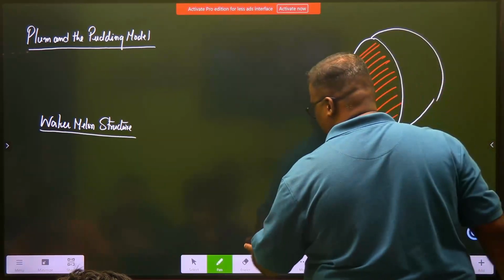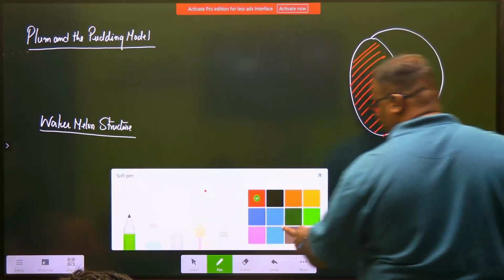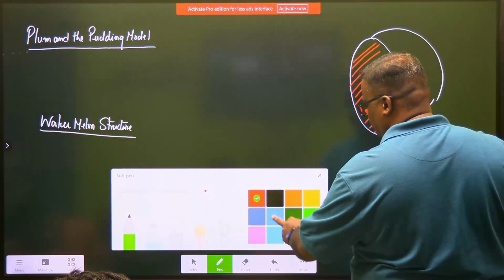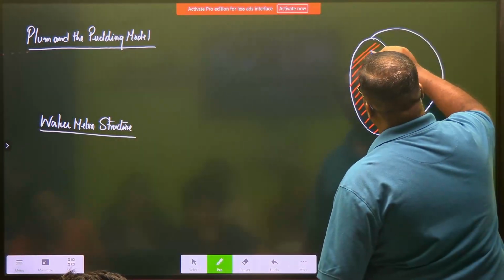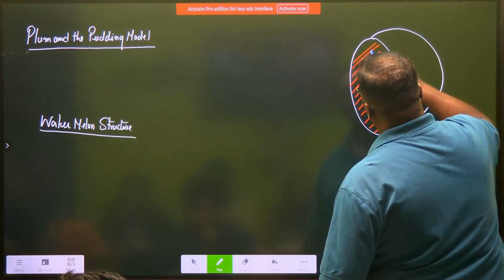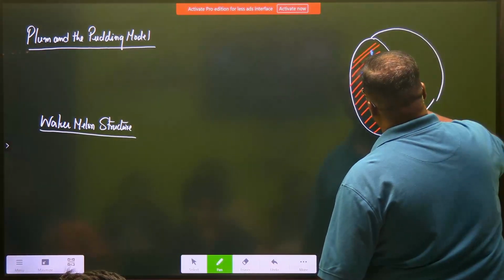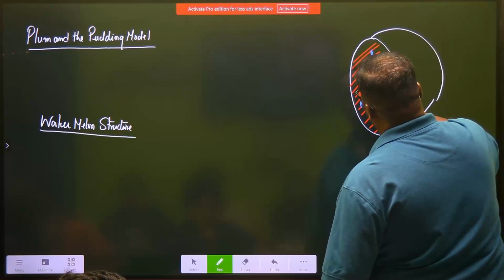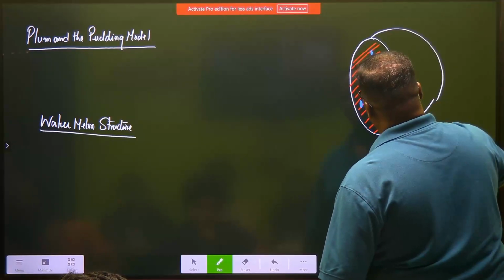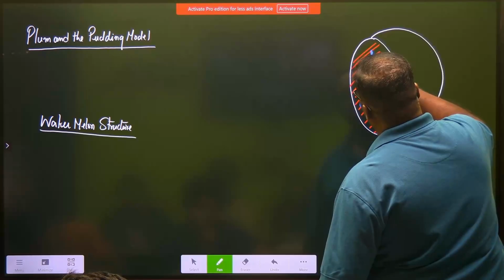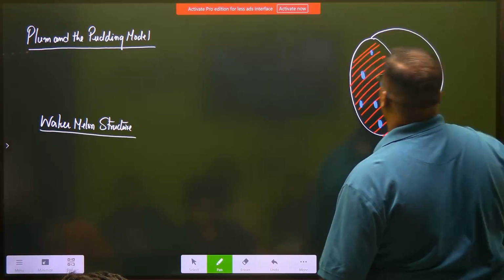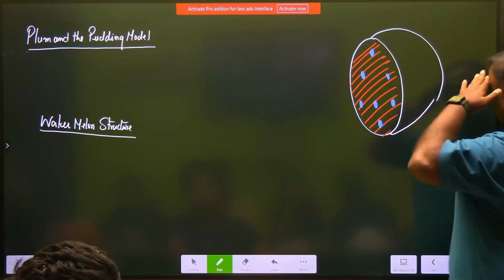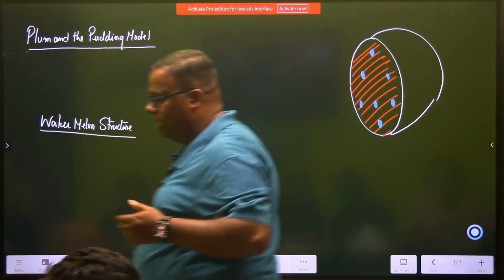The seeds will be black in color, but I can't use black, you won't be able to appreciate it, so we will use some blue color. These are showing the seeds. We'll come to this model a little later. Just keep this drawing in your mind.